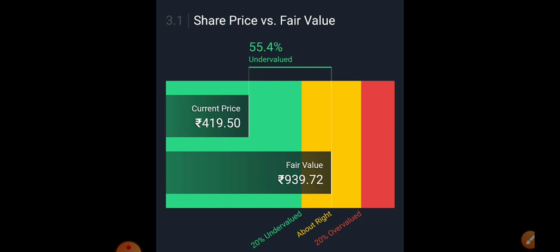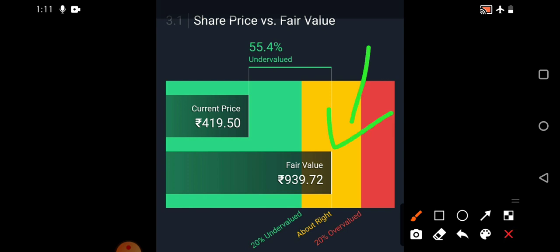You can see roughly it is around 419.50, and it provides the fair value. What is the actual price? You can see it is around 939.72. So the stock is currently 55.4% undervalued.